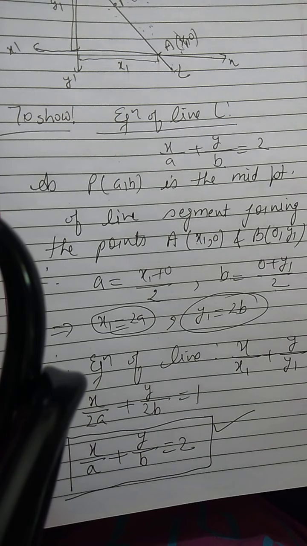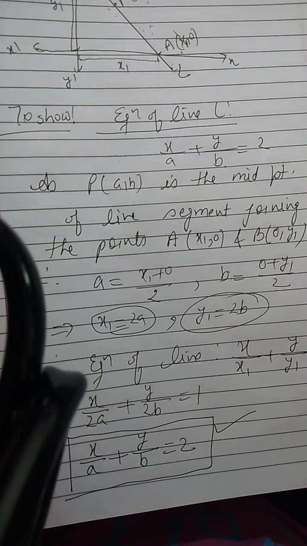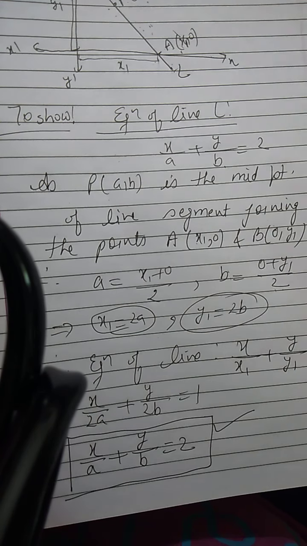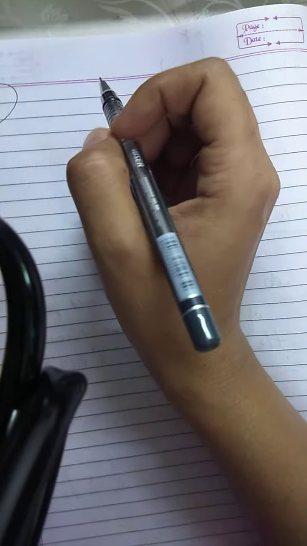Sum number 20 is, by using the concept of the equation of line, prove that 3 points are collinear. Okay, let us do this sum. In sum number 20 we have to use the concept of equation of line to prove 3 points are collinear. So let us take the 3 points as A, B, C, or P, Q, R also, it is your choice.